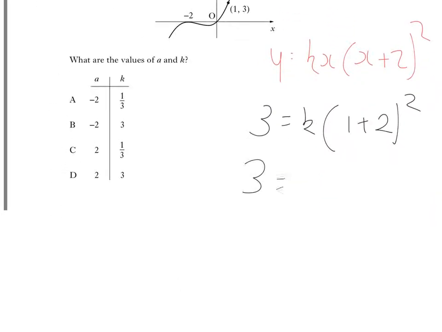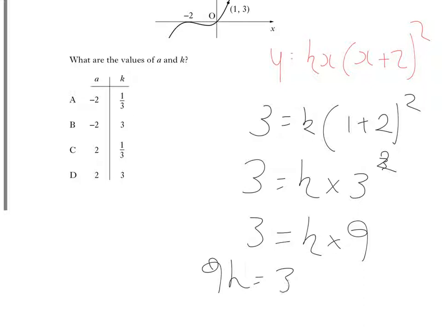So 3 equals k times 3 squared. That's 3 equals k times 9. So I've got 9k equals 3, and k will be equal to 3 over 9, that's 1/3. So it's 1/3 and 2, and the correct answer is option C.